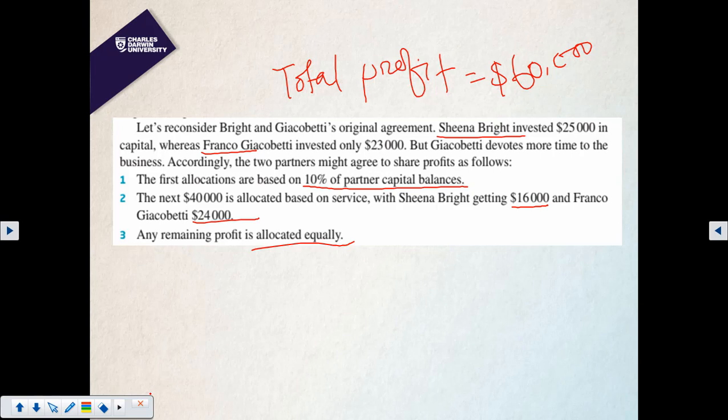$7,600 for Sheena. Yeah, each person finally 7,000 for each of these. Okay. Total, we need the total as well, right? So we need one balance for Sheena and Franco.